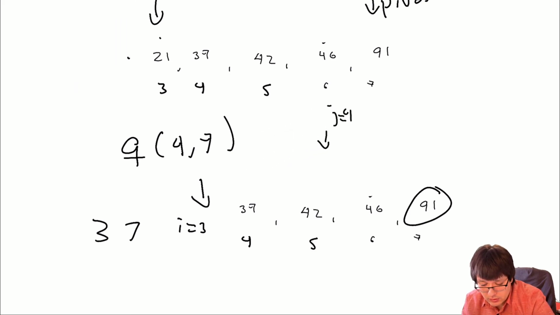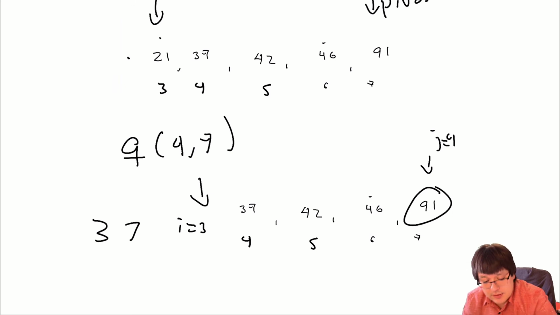This goes all the way to the end. This is the part I'm not sure about because technically speaking now, we would want to swap the 37 with the pivot. But I believe you got to find a number that's bigger. Because otherwise if you swap it now, it's going to break the thing.